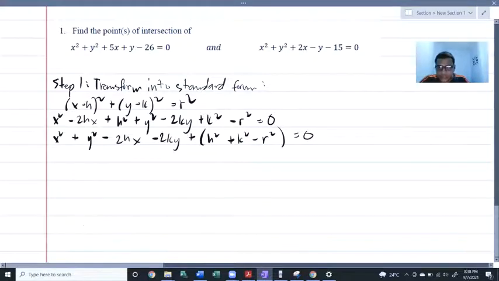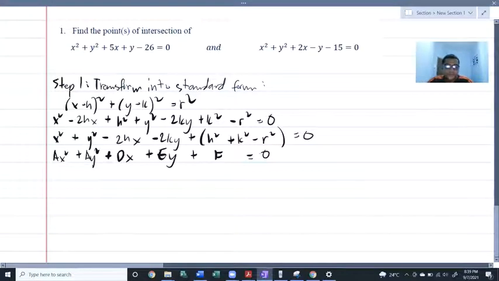Now let's compare it with the general form of the circle. So the general form of the circle is this one: a x squared plus a y squared plus dx plus ey plus f equals 0. Now comparing these two equations, let us equate like terms, so that we have dx is equal to negative 2hx.